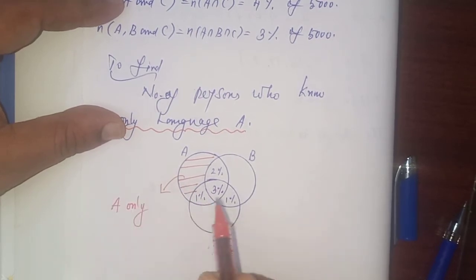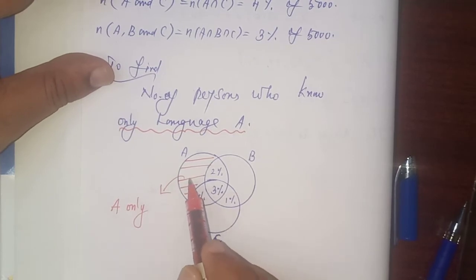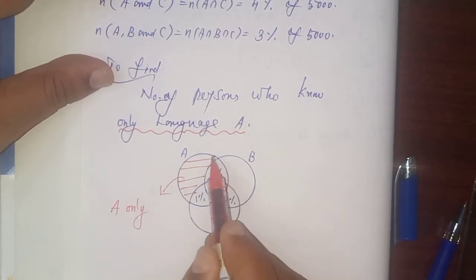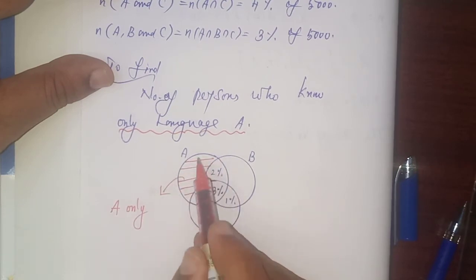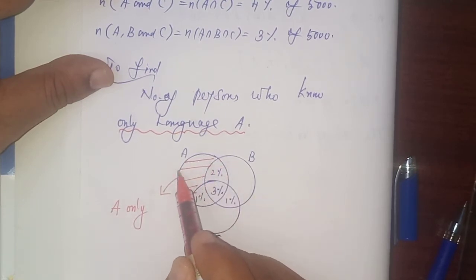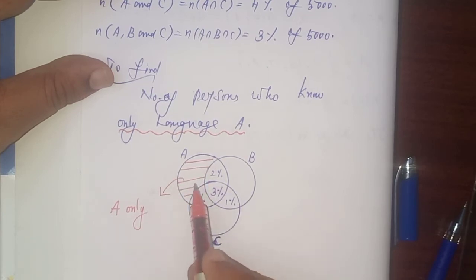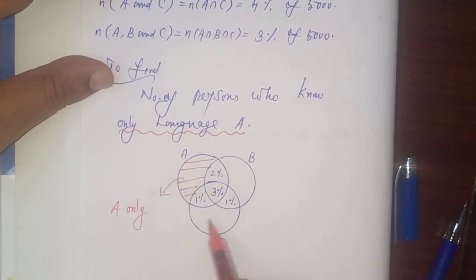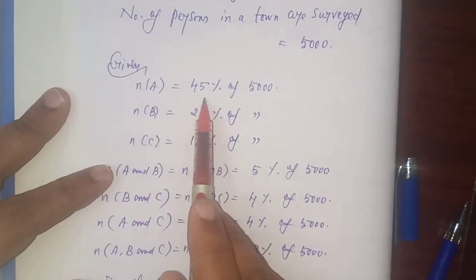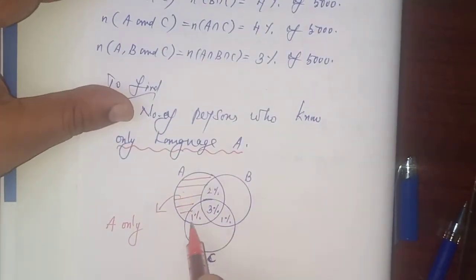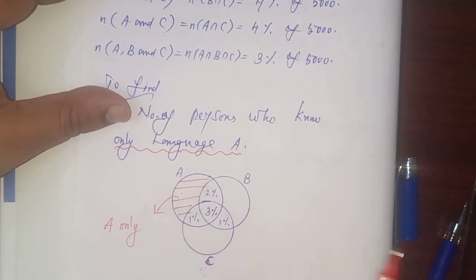The highlighted only. Okay, for finding this highlighted portion, you know the value of N of A. The entire circle represents N of A. The shaded portion only is A only. What is N of A? 45%. So all 4 portions together make 45%.